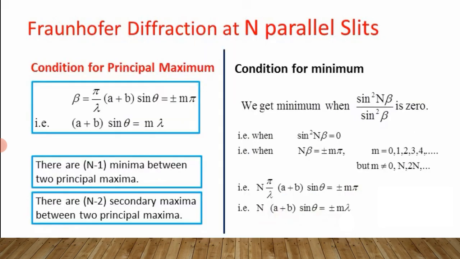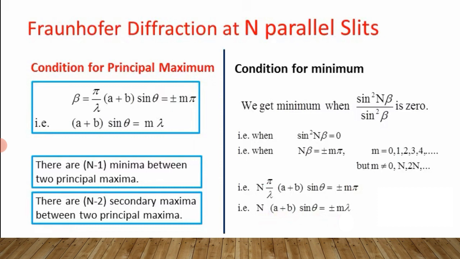The condition for principal maximum is beta equal to pi upon lambda (a plus b) sin theta equal to plus minus m pi, that is (a plus b) sin theta is equal to m lambda. There are n minus 1 minima between two principal maxima, and n minus 2 secondary maxima between two principal maxima.